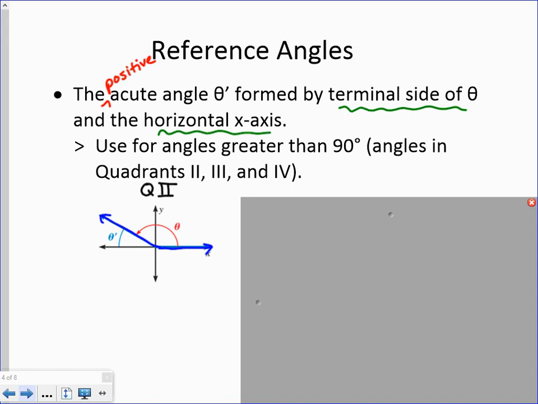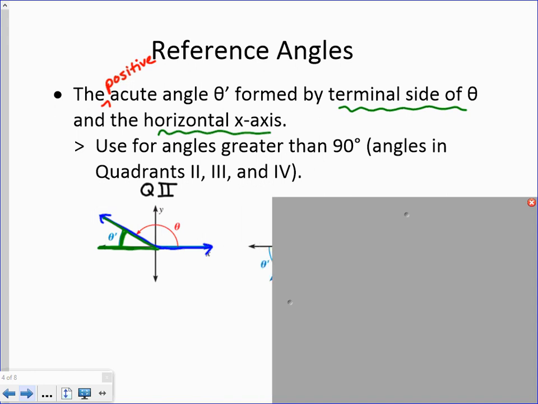And then that red arc represents your original angle. It's now more than 90 degrees. To find its reference angle, remember in the definition, it's the acute angle formed by the terminal side and the x-axis. So I'd have to go to the negative x-axis, and that gives me an acute angle. Yes, in quadrant 2. Very good.